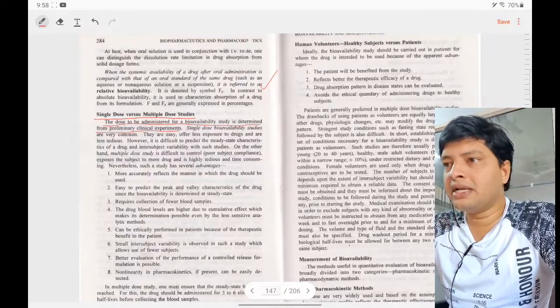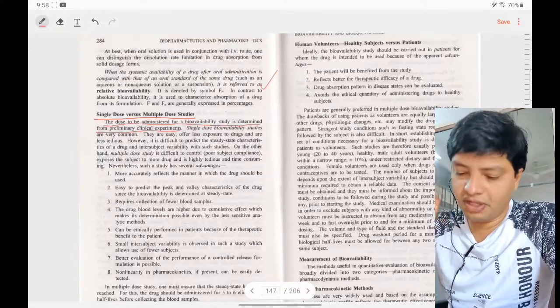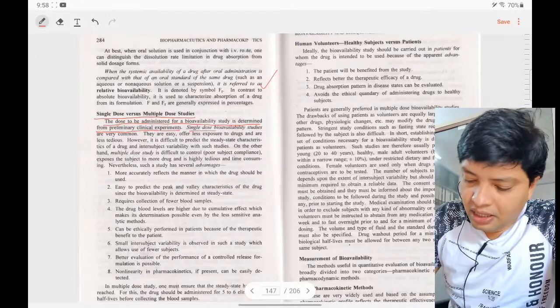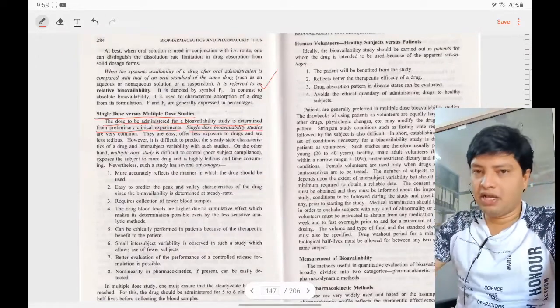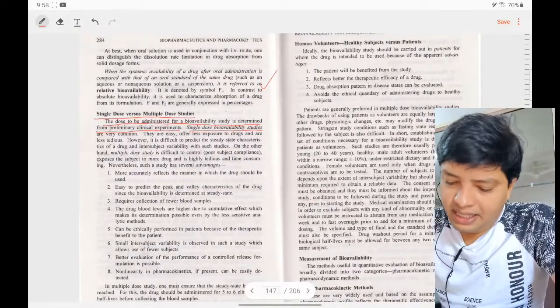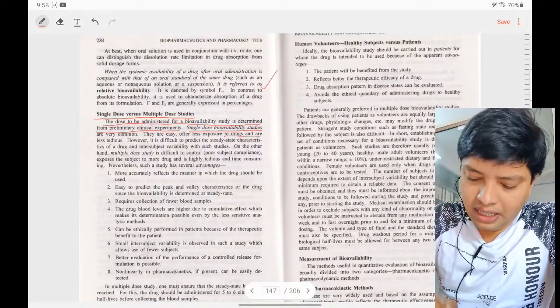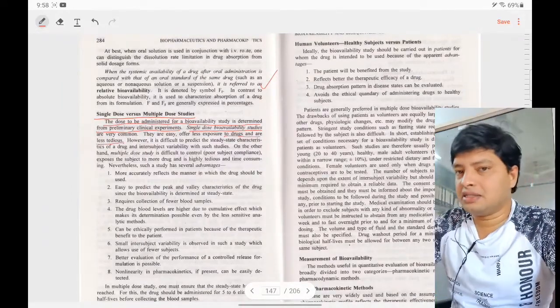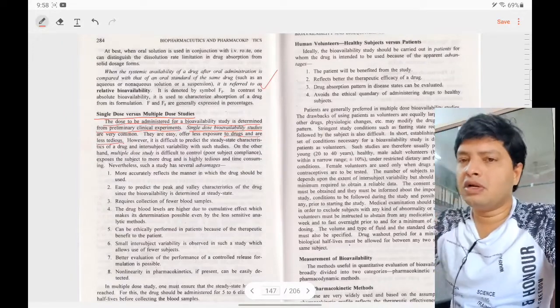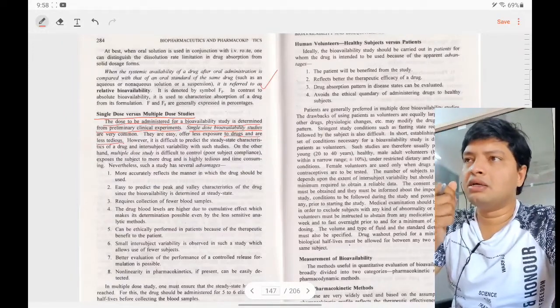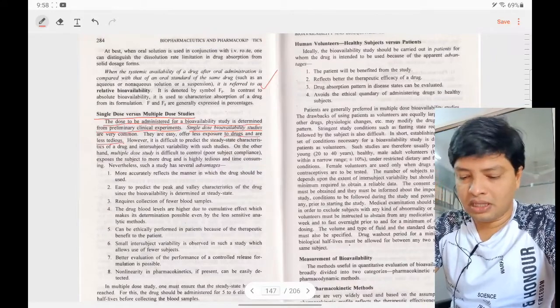Through clinical studies you will come to know this is the dose of the drug. Then single dose bioavailability studies are very common. They are easy, offer less exposure to drug and are less tedious. Obviously we are giving only one dose and checking the blood plasma concentration.